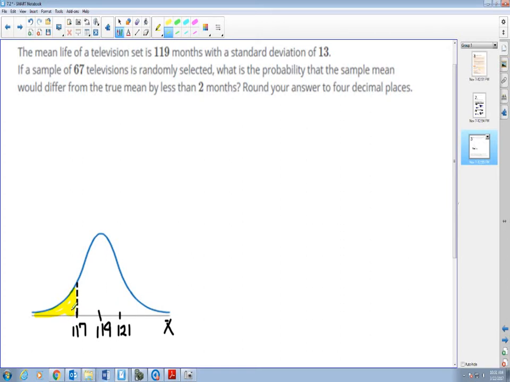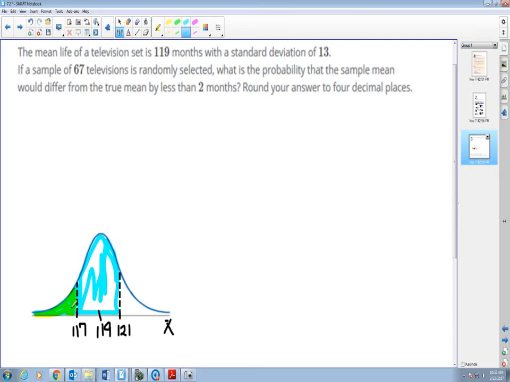But the area less than 121, for 121, everything goes to the left. Everything to the left. Even this part right here is less than 121.